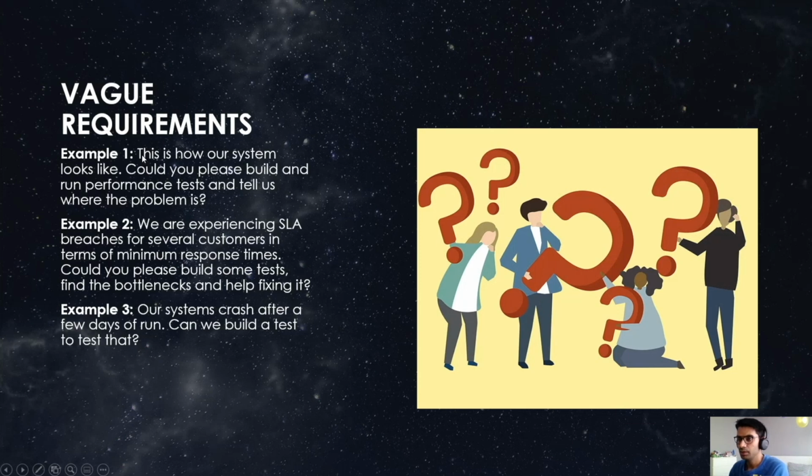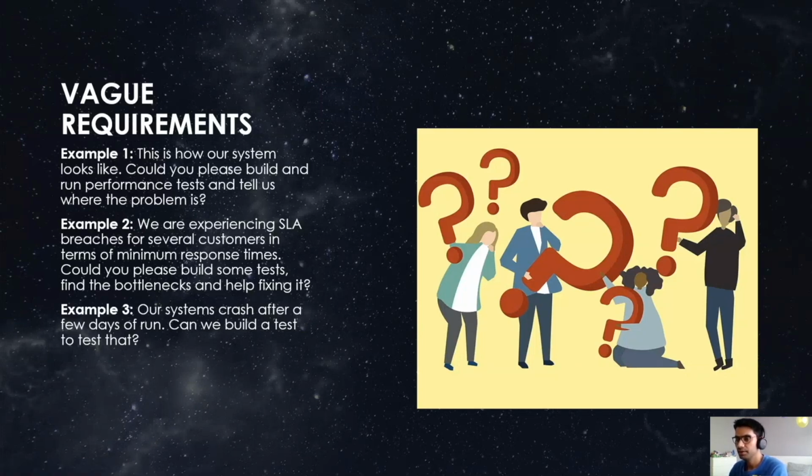They will show you how their system looks, and they will simply ask, do you think you can build some performance tests and tell us where the problem is, or where the problem could be in future? This sounds like a good point to begin with, where you have the full freedom to choose from A to Z whatever type of performance test you want to build. But the problem is this is very vague.